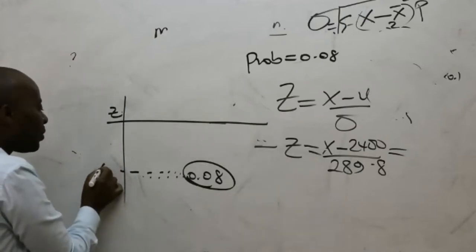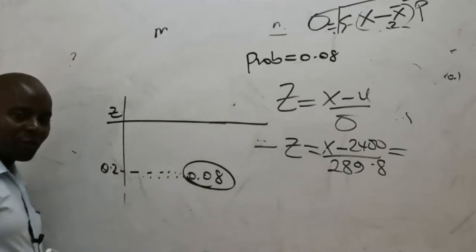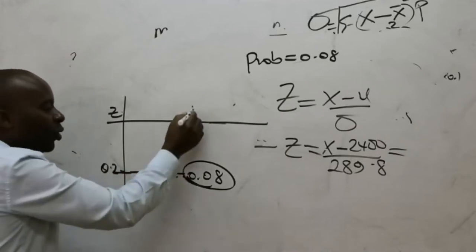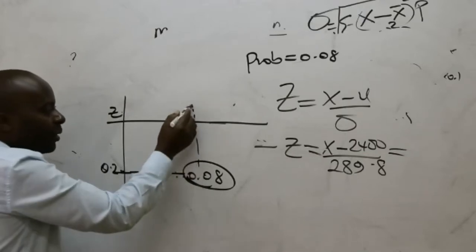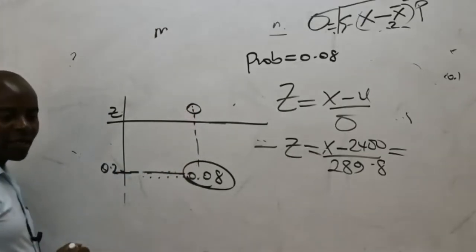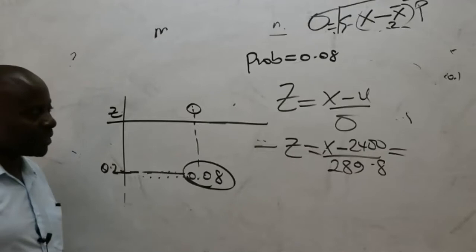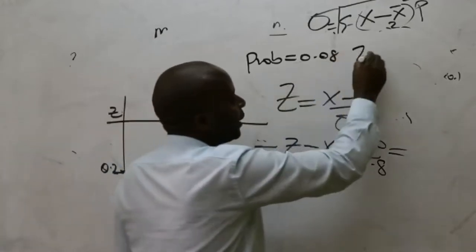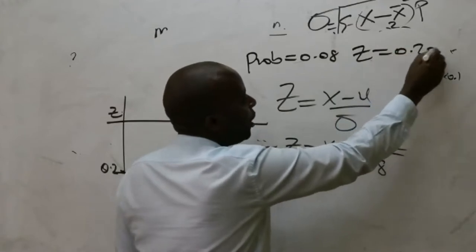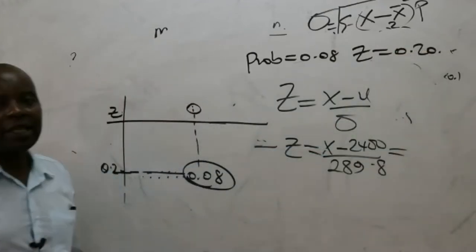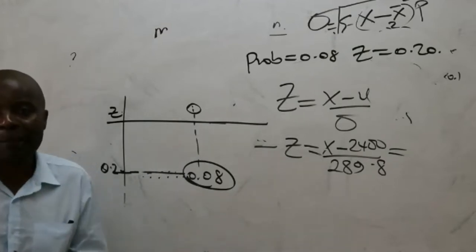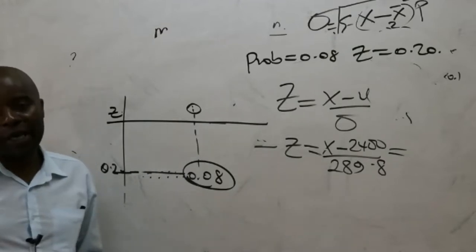I can see some students are saying it is 0.2. Most of them are able to see 0 on the header, and that is why most of them are saying that the corresponding Z is 0.20 or 0.21. Nobody will penalize you if you have 0.21.